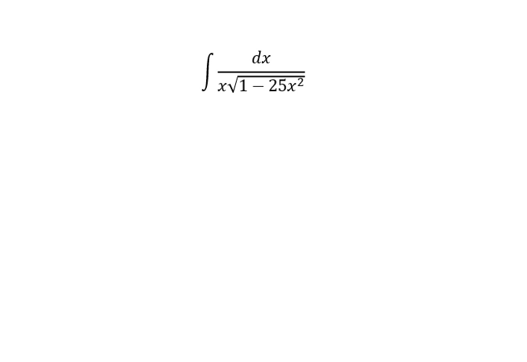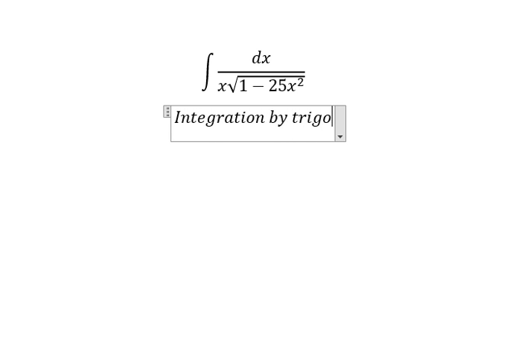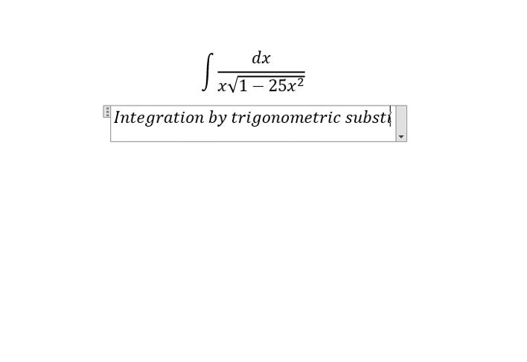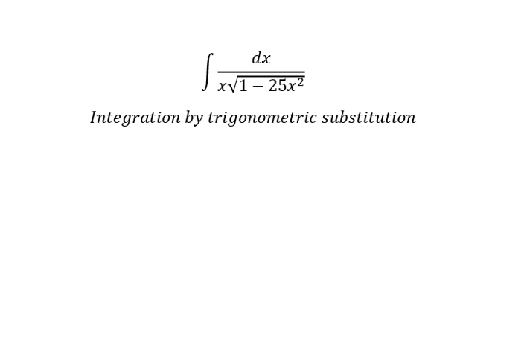Now, we can use integration by trigonometric substitution. So I will put x equals 1 over 5 sine t. If we put this one in here, you get 1 over 25 sine t squared.